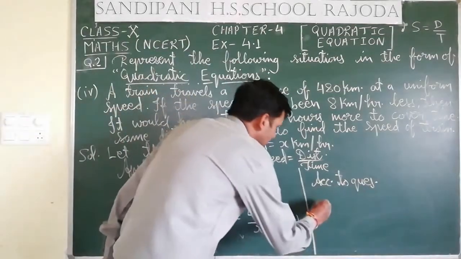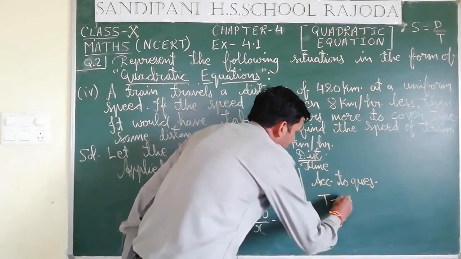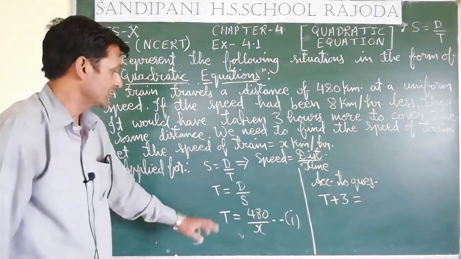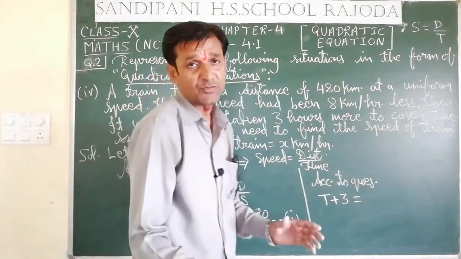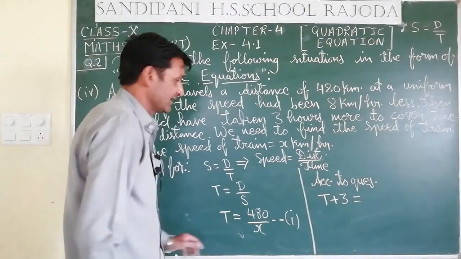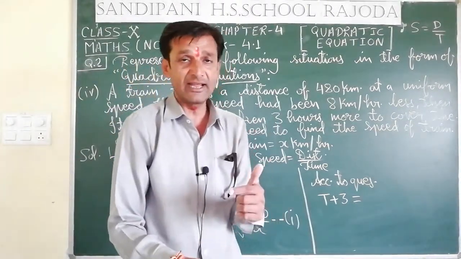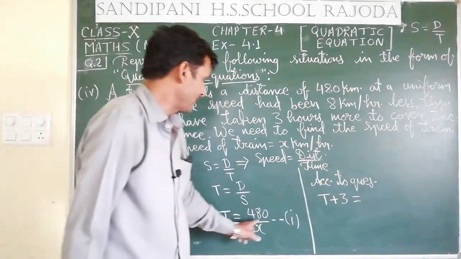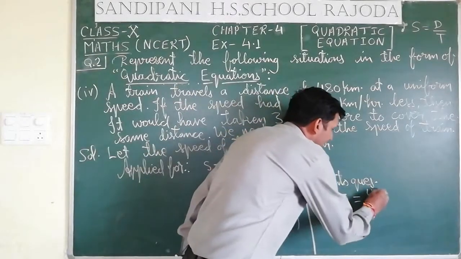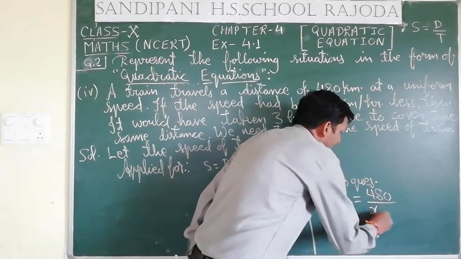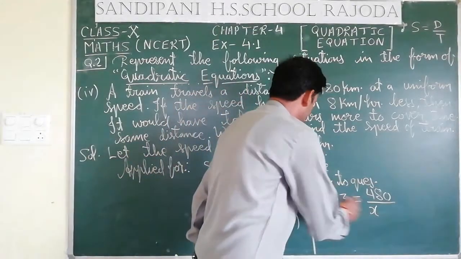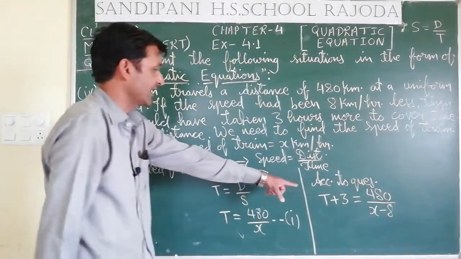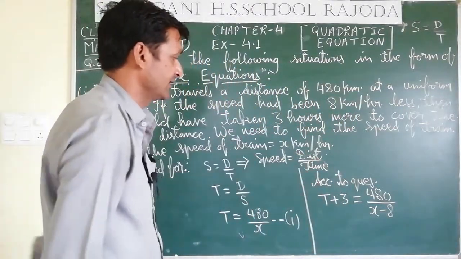Now we have to write here t plus 3, because time is inversely proportional to speed, or speed is inversely proportional to time. Means if one increases, then another one decreases. If one decreases, then another one increases. That is called inverse proportion. So t plus 3 is equal to 480 upon x minus 8. That I have already told you, that t plus 3 is equal to 480 upon x minus 8.